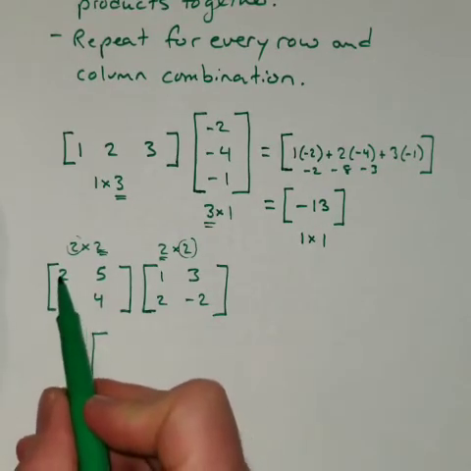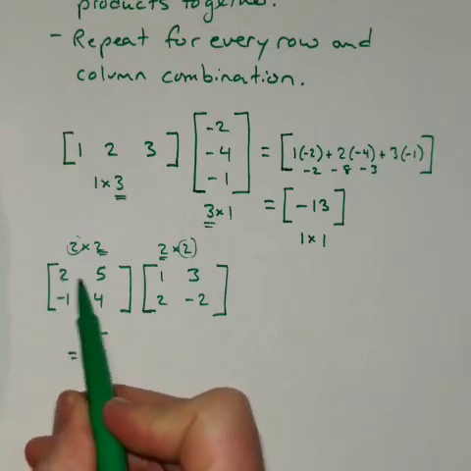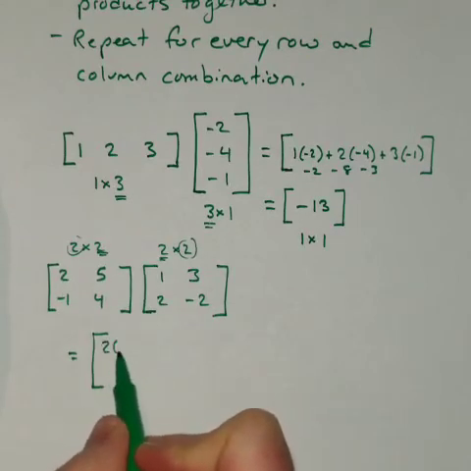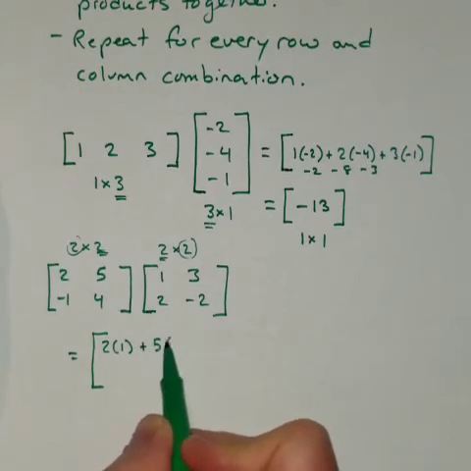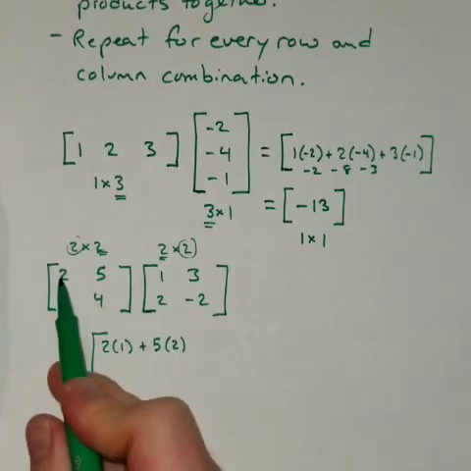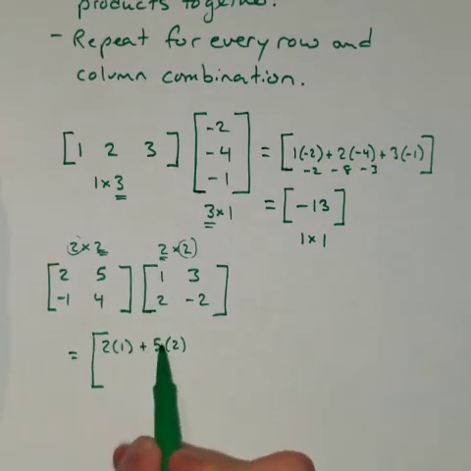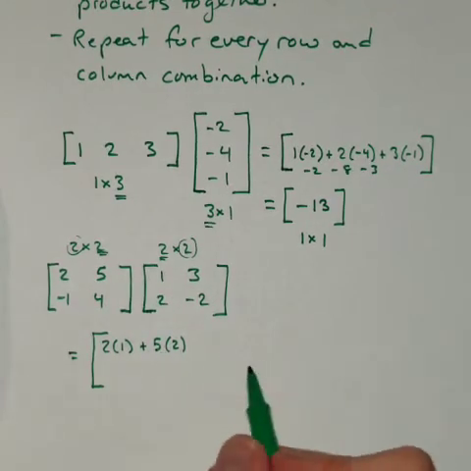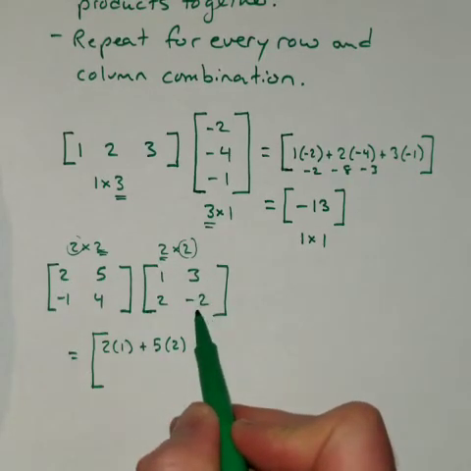Okay, so as I multiply, I'm going to go first row, first column. That'll go in the first row, first column of the final answer. 2 times 1 plus 5 times 2. Okay, that's first entry, multiply together. Second entry, multiply together. Okay, then you're going to do the first row times the second column.